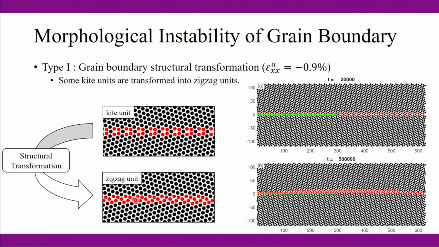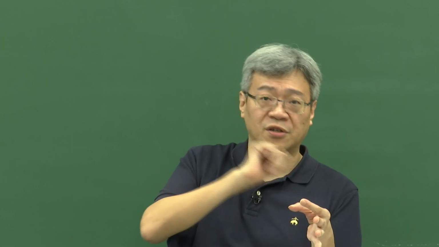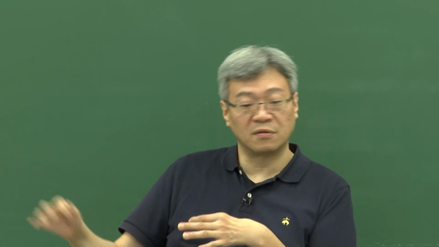So that's the first feature. Oh, actually, the second. The first feature is that there's a threshold compression. You have to go beyond 0.5% in order to see this kind of undulation. And the second feature is that even as the compressive strain is increased to like 0.9%, you start to see the undulation, but it's going to be stopped rather quickly and just stay in that configuration.